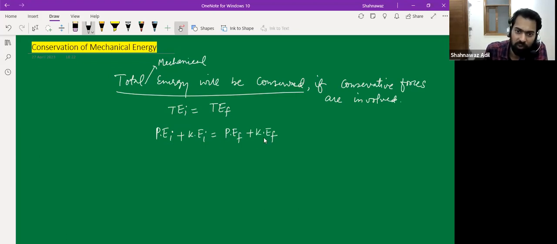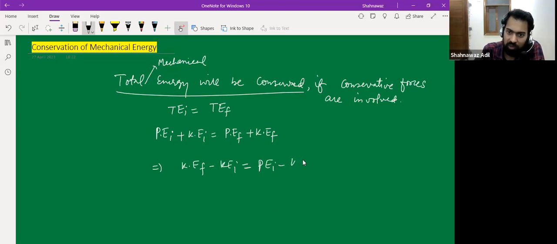So if you take all these here, this will be kinetic energy final minus kinetic energy initial. So this goes here, this comes here. So this is PE initial minus PE final.